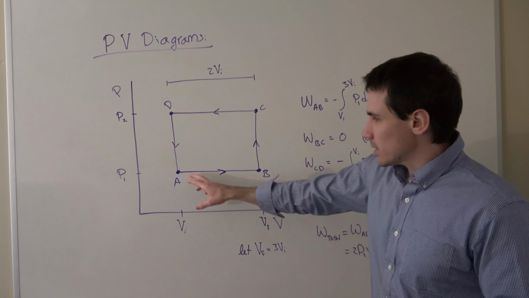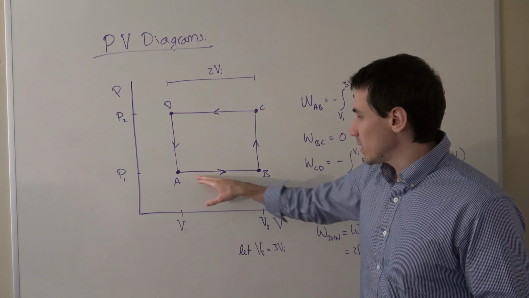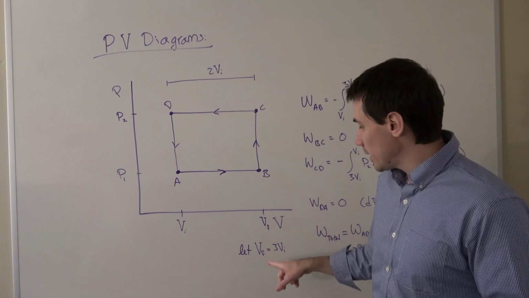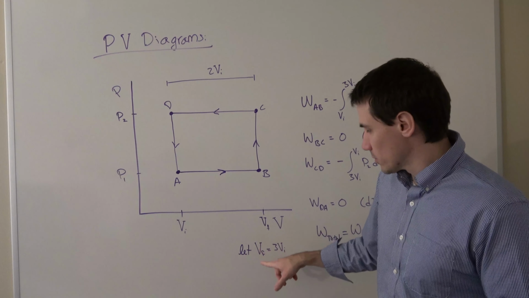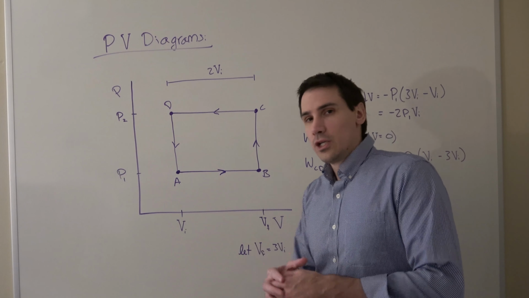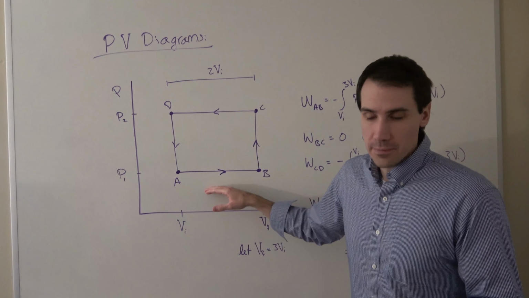Okay, so the process will start at point A. We go from A, we expand at constant pressure to point B, where B has a V final that is 3 times V initial. So we are tripling our volume at constant pressure here.